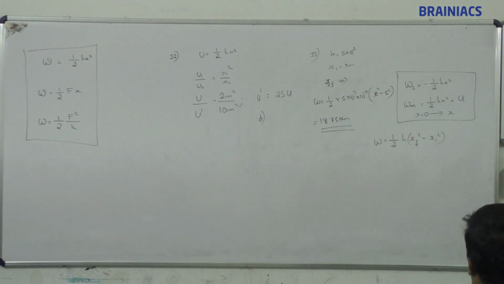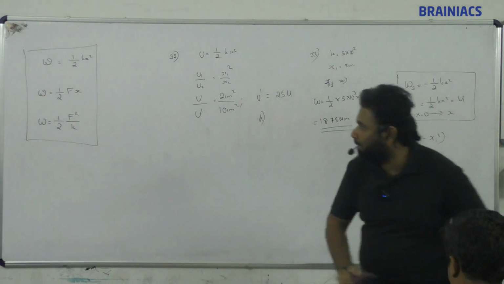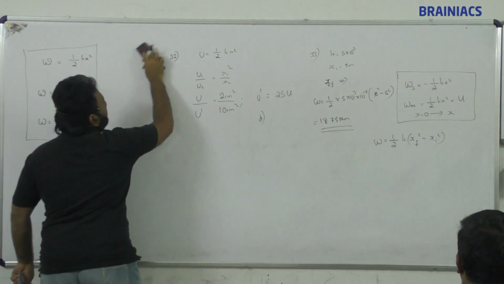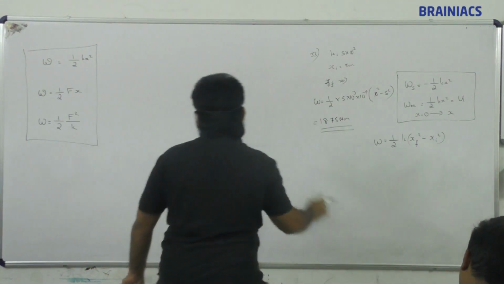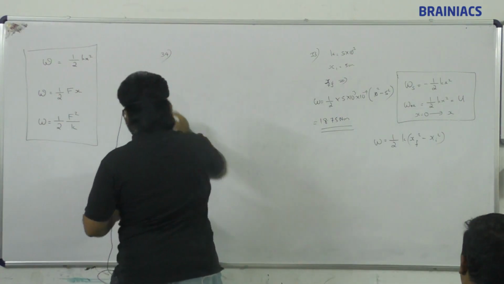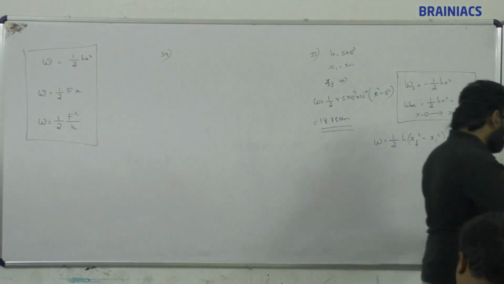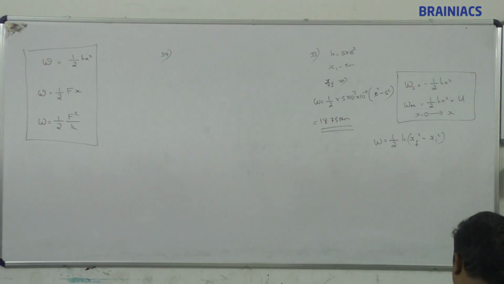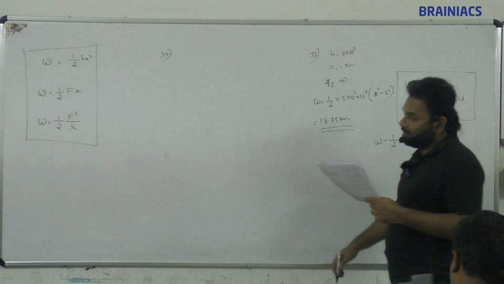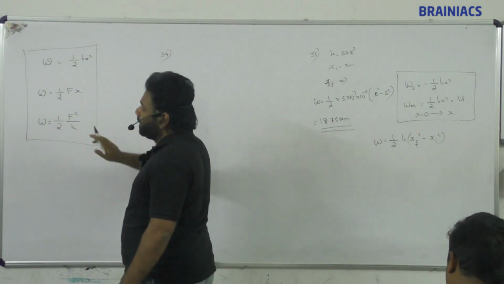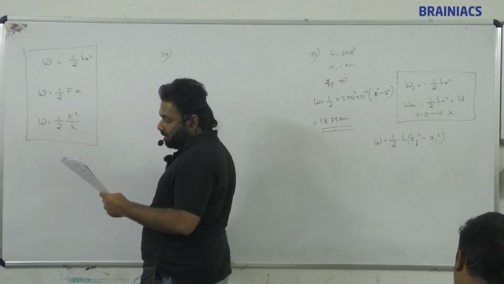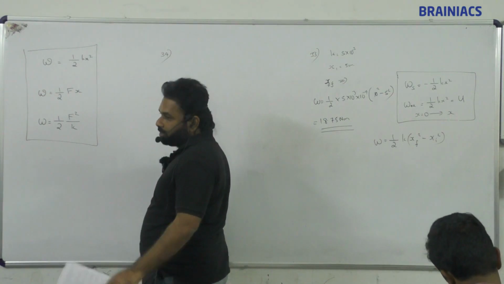Question number 34. Two springs of spring constant 1500 and 3000 respectively are stretched by the same force. They will have the potential energy ratio. So which formula has force and spring constant connecting potential energy?